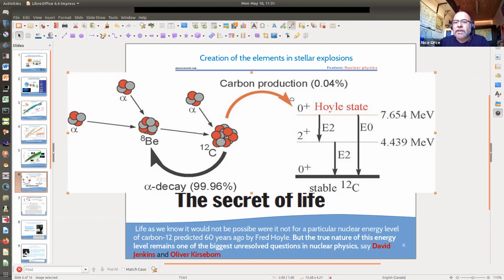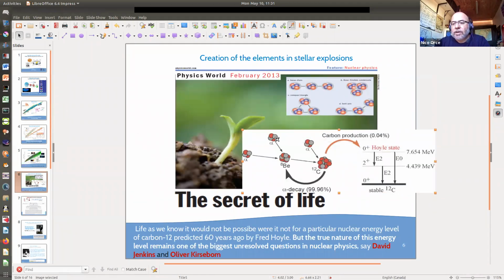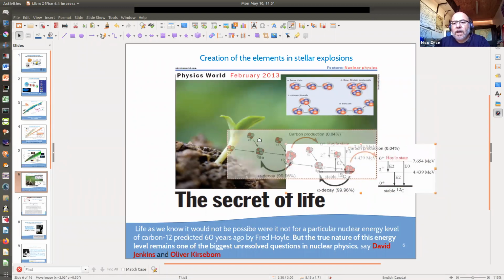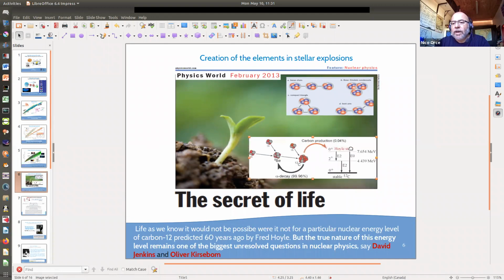This resonance allows the process to be much faster, and allows for the production of carbon, as we see in our universe. This is called the Hoyle state. It was Hoyle who predicted it, because it was the only way for us to understand that there must be a state like that, otherwise we wouldn't be alive.